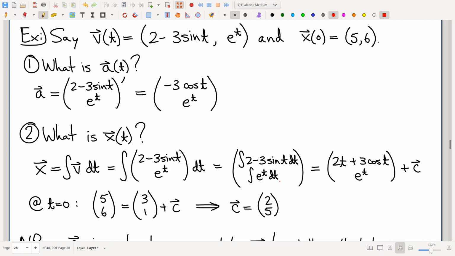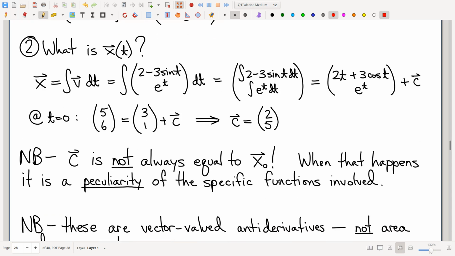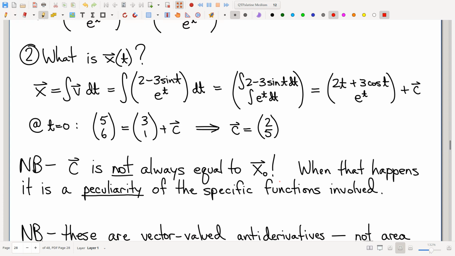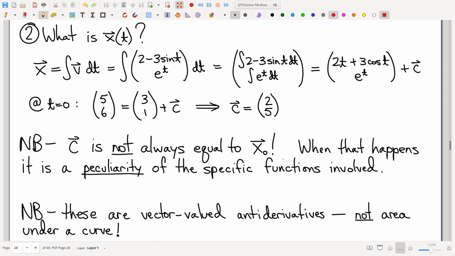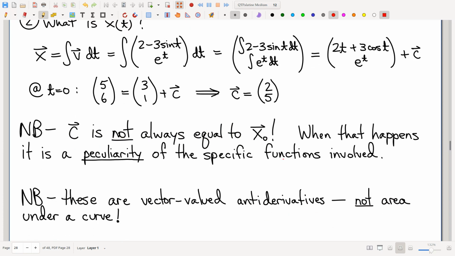All right. Okay. Let's see. One other thing I wanted to point out. I've already made this point, but one other observation I want to make is there is a tendency to look at this, and you see that it looks like an integral. Very important. It's not. It's an antiderivative.